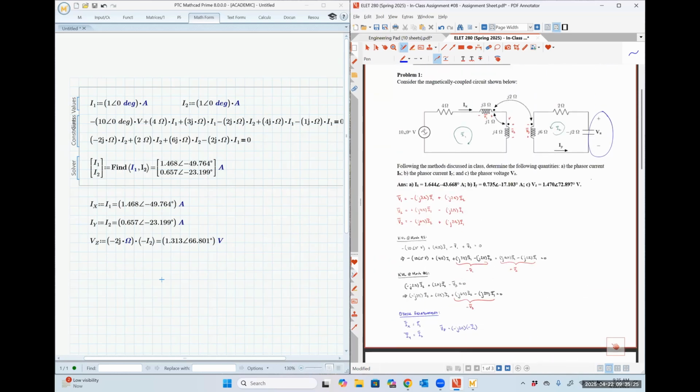But in the KVL equation, I'm ignoring that VZ voltage entirely, and I'm just following that current I2 around that path. So I'm saying that I2 sees an impedance of minus J2 ohms, and then it sees an impedance of 2 ohms, and then we hit that minus V3 voltage. So I'm completely ignoring the IY and the VZ, and I'm taking care of that at the very end.